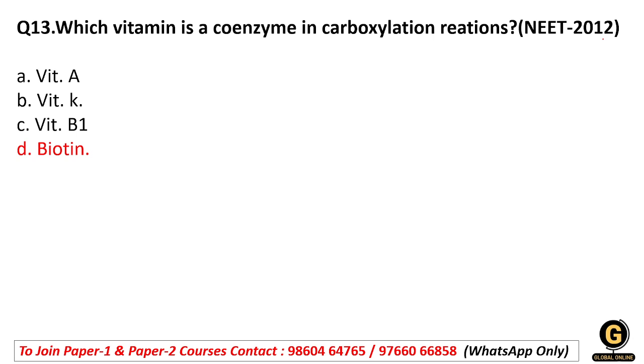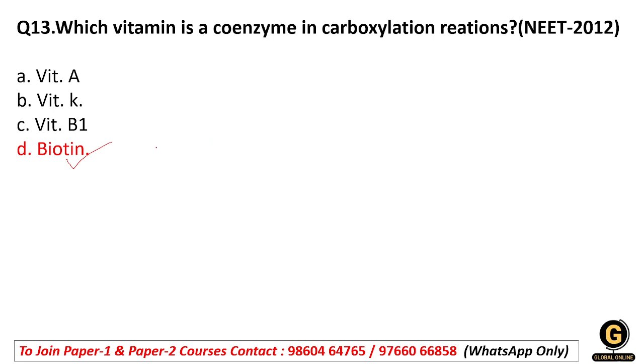Which vitamin is a coenzyme in carboxylation reactions? Vitamin A, vitamin K, vitamin B1 and biotin. So the right answer is biotin, because it acts as a coenzyme for carboxylase enzymes, especially in fatty acid synthesis.